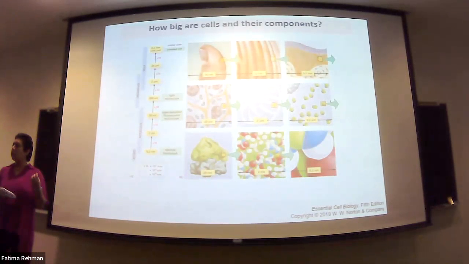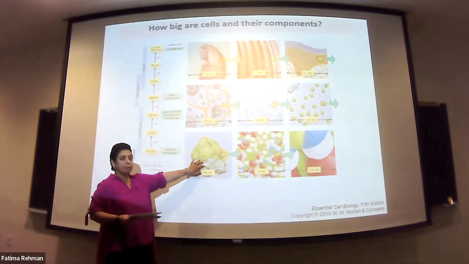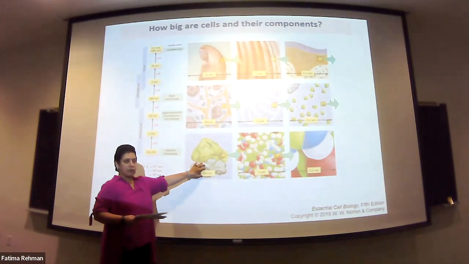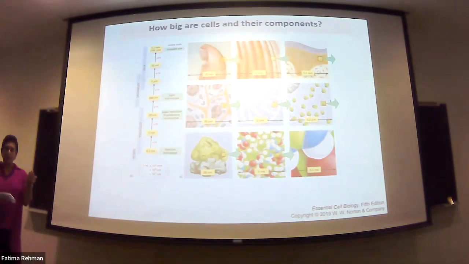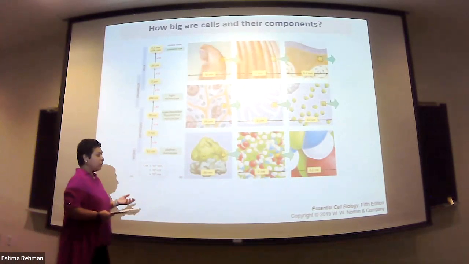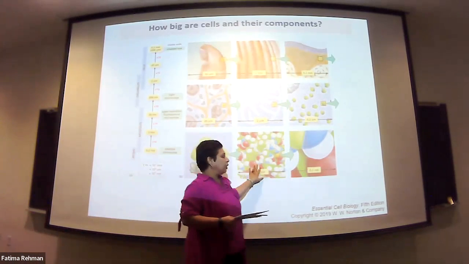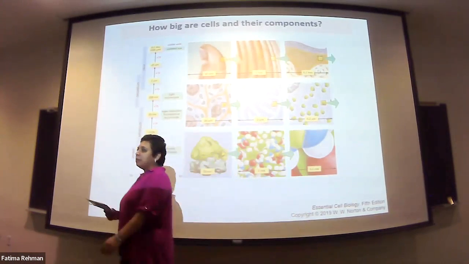Nowadays, there are these super resolution fluorescence microscopes. They are usually sophisticated enough to see these. Otherwise, with our typical bright field microscopes that you will see in the labs, these are not going to be visible. Electron microscopes are the only ones that are going to look at the molecular level, at the atomic level, right?